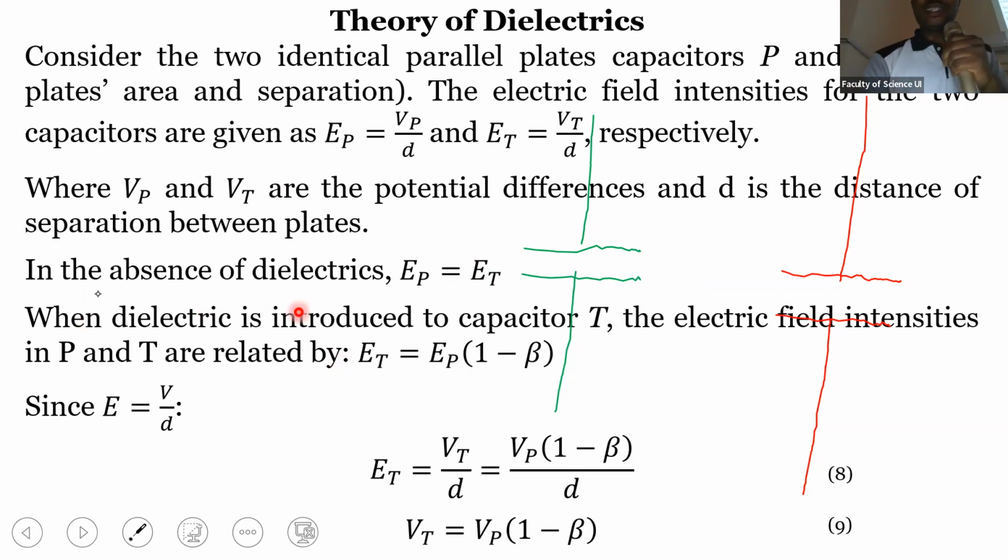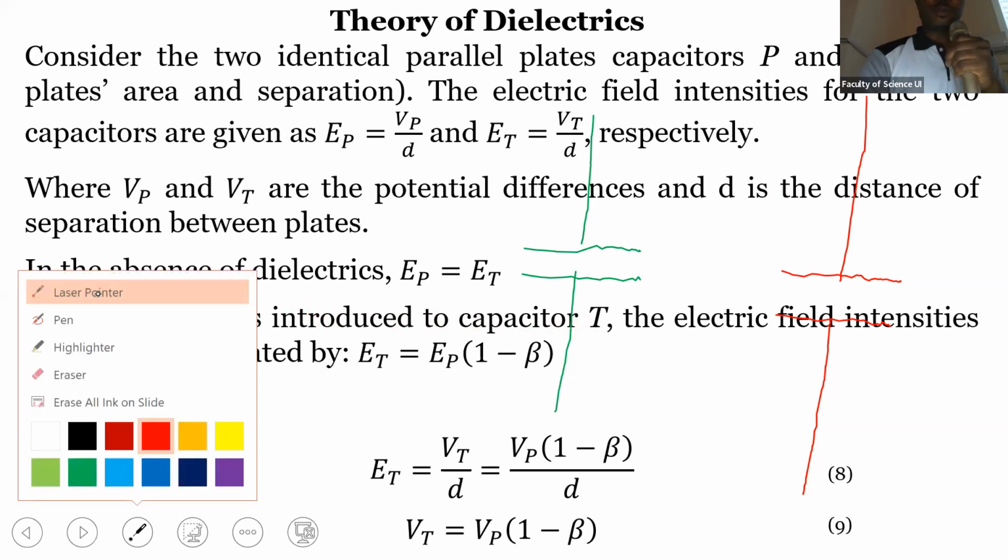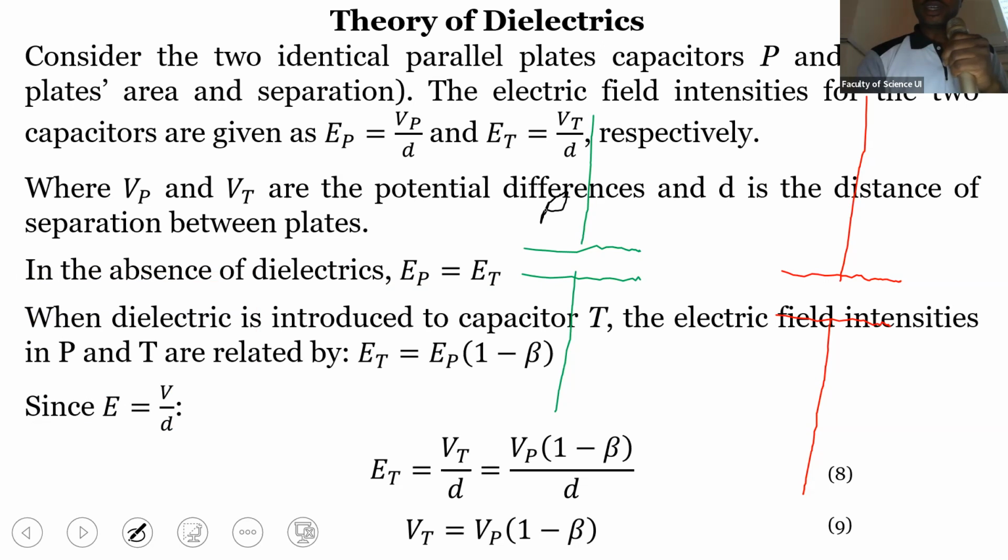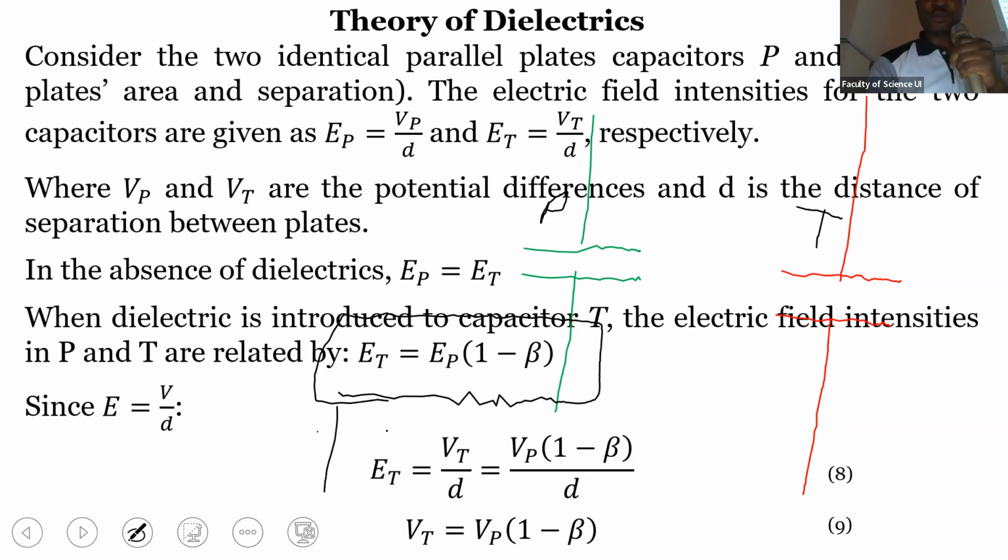So when the dielectric is introduced to capacitor T, remember this is P and this is T. When we insert a dielectric into capacitor T, the electric field intensities in P and T are related by this expression. And since E is equal to V over D, we can also have expression 8.